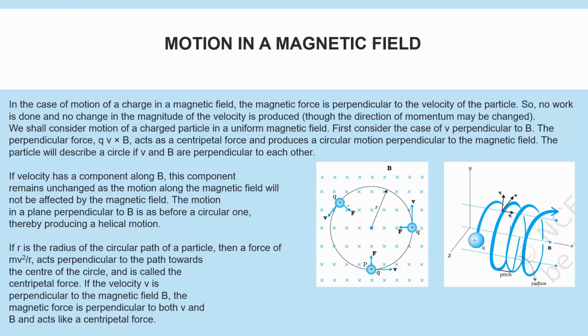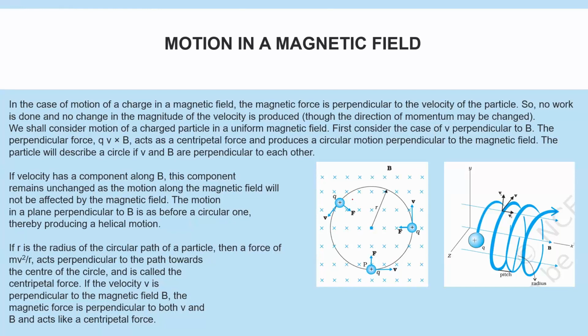You can see over here these are the charged particles. First of all, we consider the velocity with which the particle is moving to be perpendicular to the field. So the magnetic field and the velocity are perpendicular to each other.